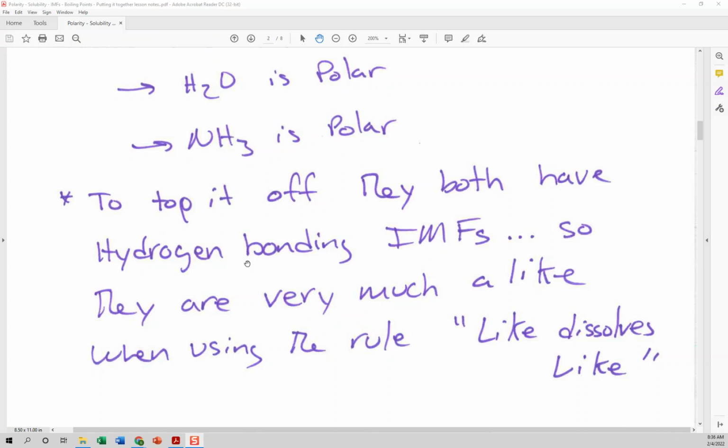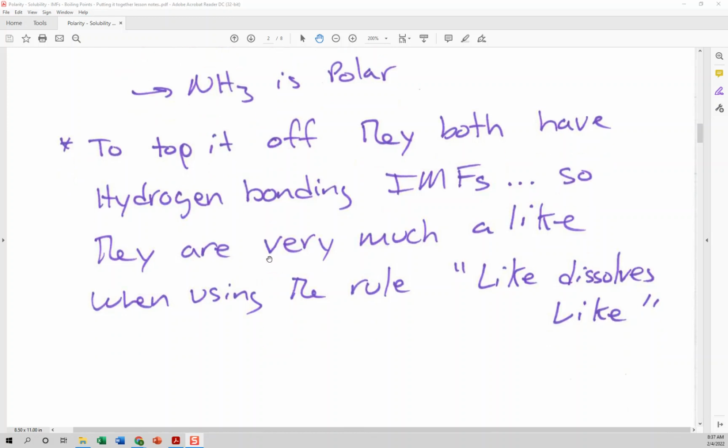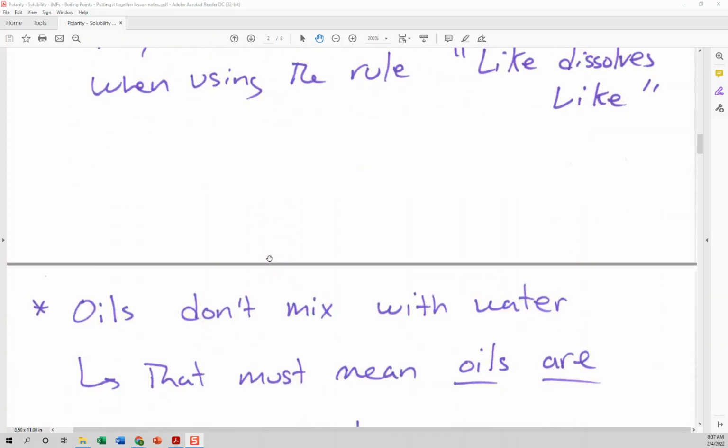So why is ammonia really soluble? Because not only is ammonia polar, like water is polar, but they both have the hydrogen bonding intermolecular force, right? So their strongest IMF is hydrogen bonding. So because they're both polar and they have hydrogen bonding, they're going to be very soluble, okay? But again, solubility, to make it simple, is just like dissolves like, okay?